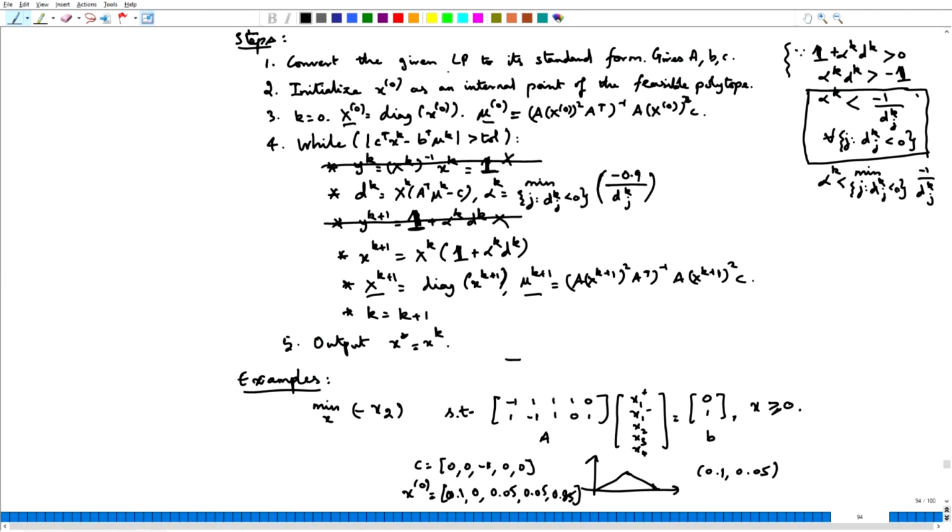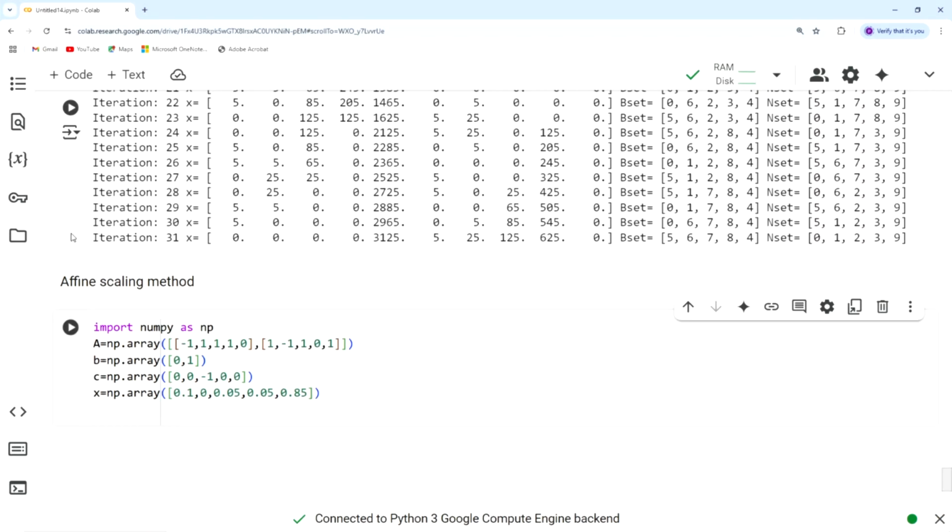We have converted the LP to its standard form and initialized x0 as an interior point. Now, k equal to 0, x0 and mu 0 are the next steps. We will write that down. k equal to 0, capital X is just np.diag of x, okay. So, it becomes a diagonal matrix, and mu is np.linalg.inv of A @ X @ A transpose, so A X squared A transpose, okay.